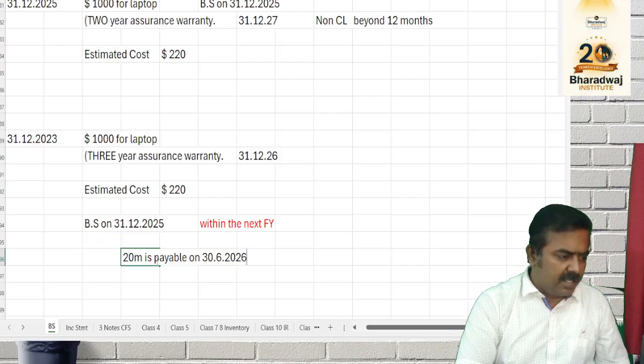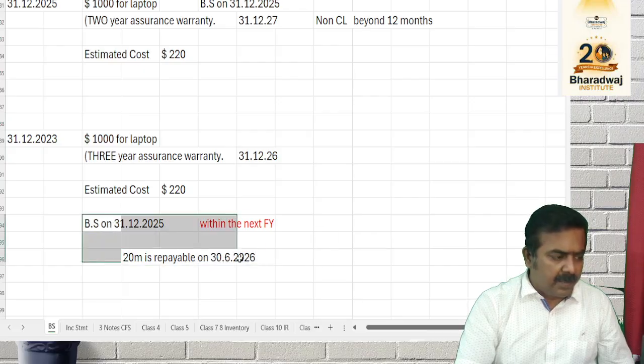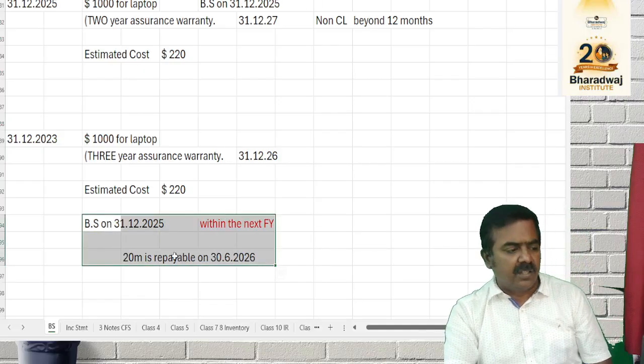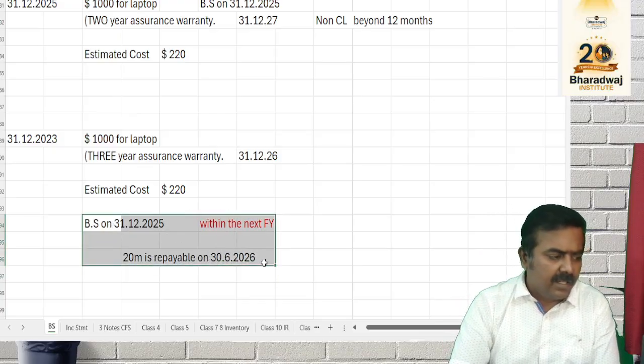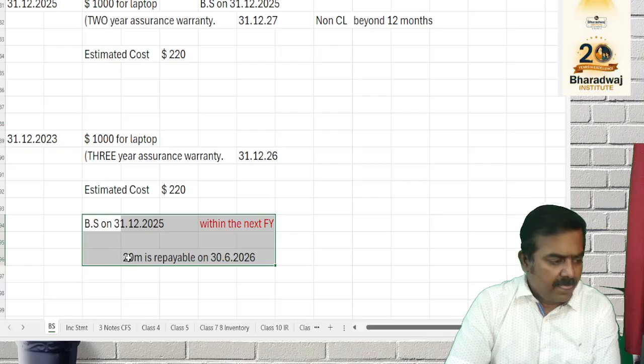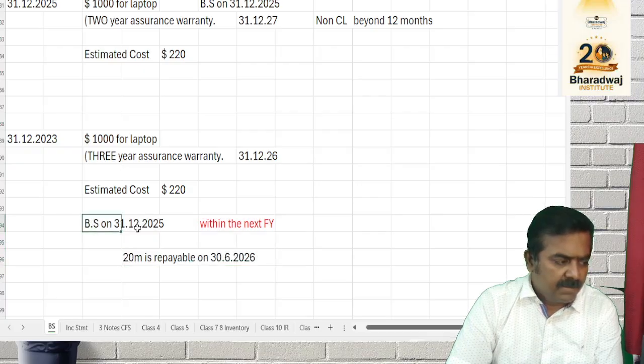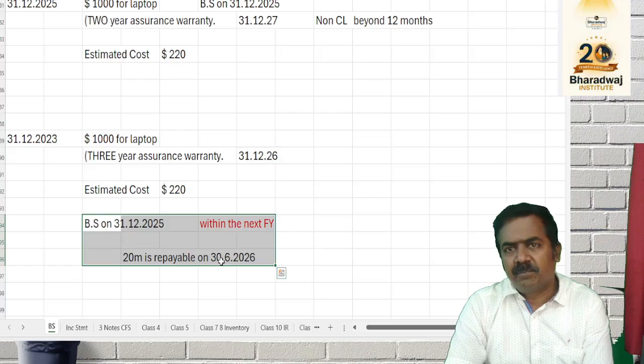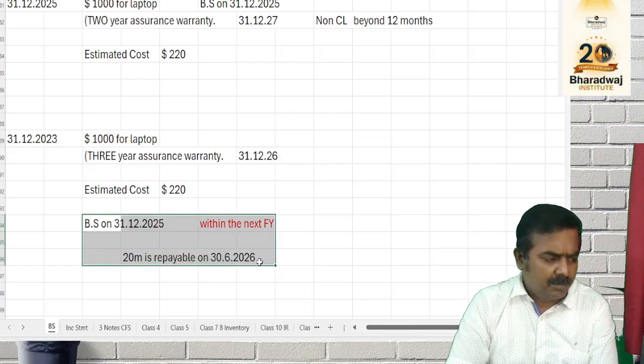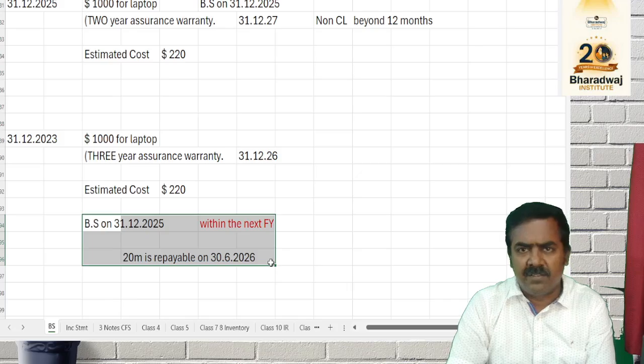We are preparing the balance sheet on 31/12/2025. In general, this will be called a current liability, because it is payable within the next financial year.